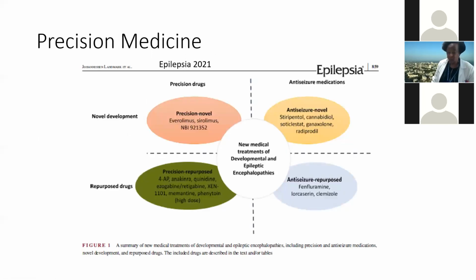Okay. So we are now talking about precision medicine, how to go from treating the electroclinical syndrome to using medications that are better for the etiology that we are considering, okay? And there have been new medications like everolimus and sirolimus for the treatment of tuberous sclerosis, and some that remain within the investigational area, at the clinical trial level, so they don't have names yet.